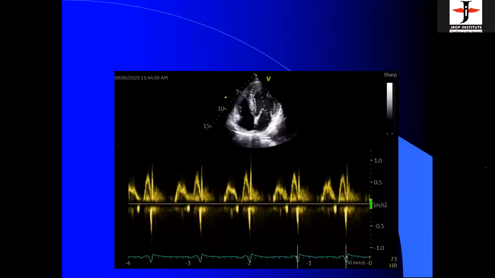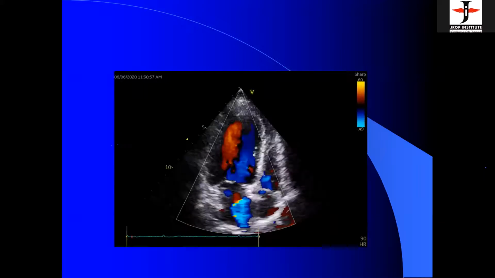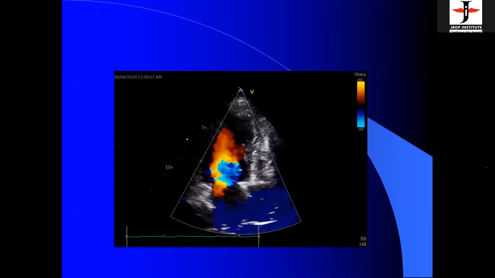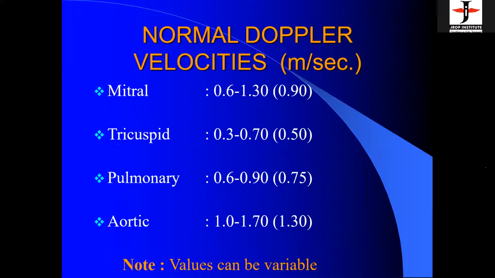In a color flow also there is a sector angle. For example, in an apical 3-chamber view, the aortic valve jet and mitral jet may be going towards each other.